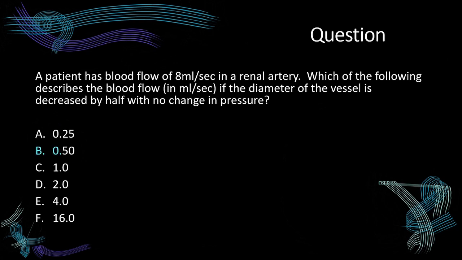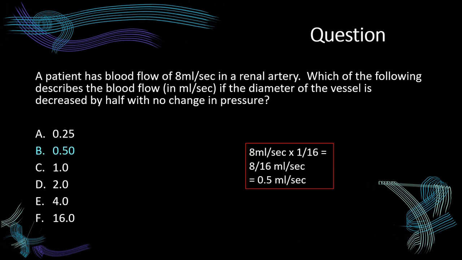The way you would figure this out is that you would say, okay, I have 8 milliliters a second times 1/16, which would mean 8 divided by 16 milliliters a second, which would give me 0.5 milliliters a second. And that would be the correct answer, 0.5. It's 1/16 of 8 milliliters.